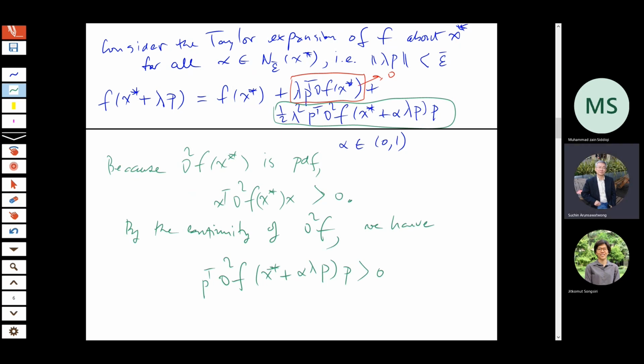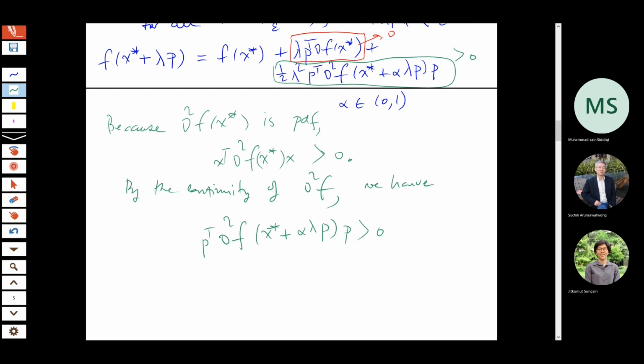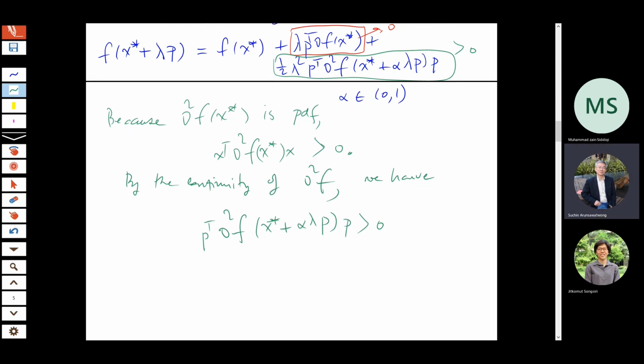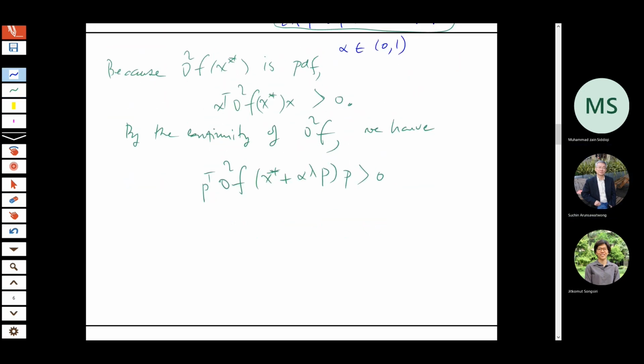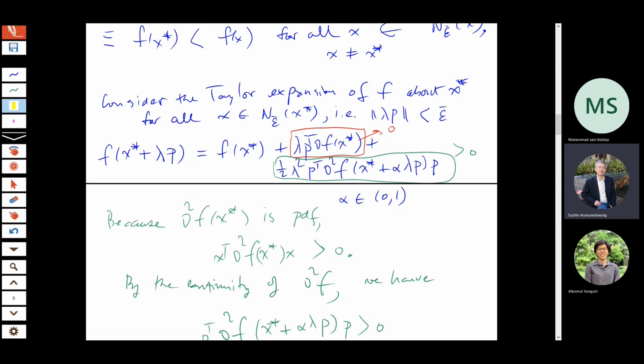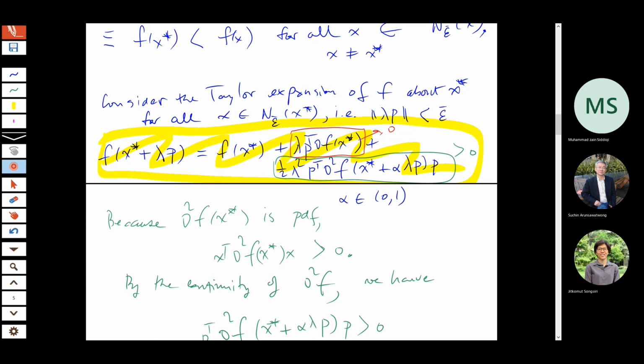Now we conclude that the third term is strictly positive. When we say strictly positive, that means it cannot be zero. Now we go back to this equation. On the right hand side, one term is zero, the second term is zero, and the third term is a positive number.